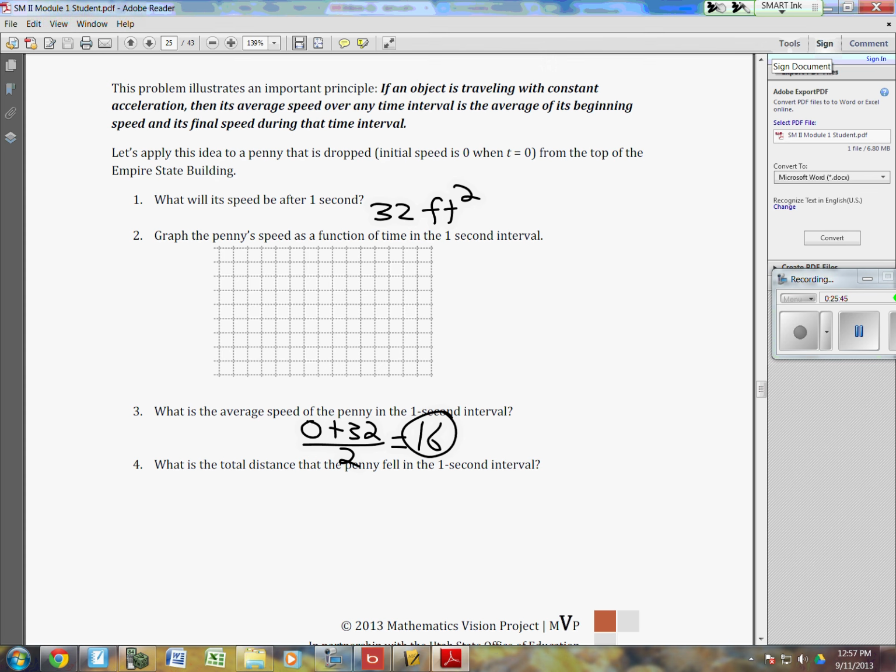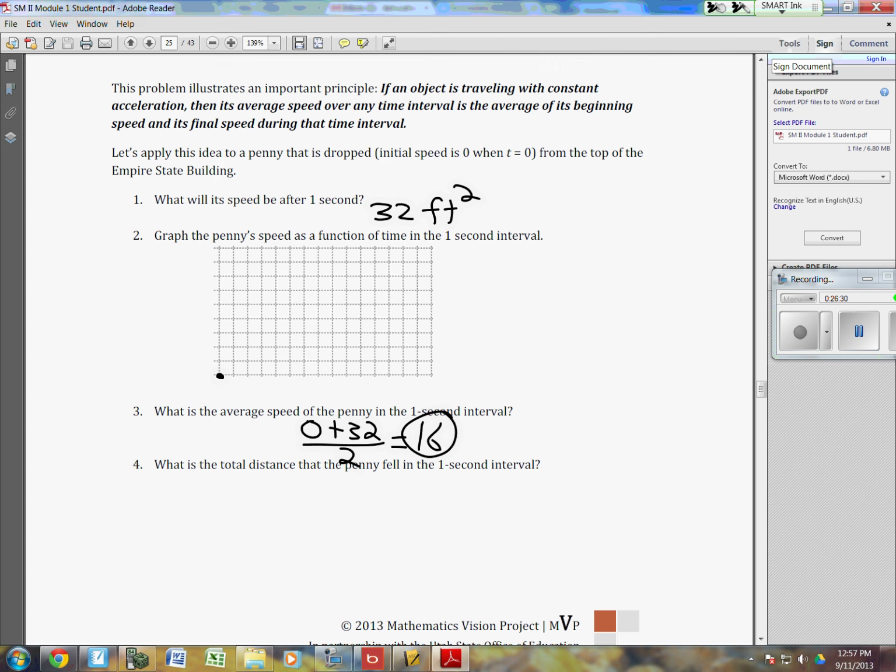What is the total distance that the penny fell in 1 second? And it fell 32 feet. What's another way we could come up with that? Using the average speed, what's another way we could use it to get it? How long did it travel? What is the total distance that the penny fell in the 1 second interval? Well, if we graphed it in the 1 second, I think it's talking about between 0 and 1.